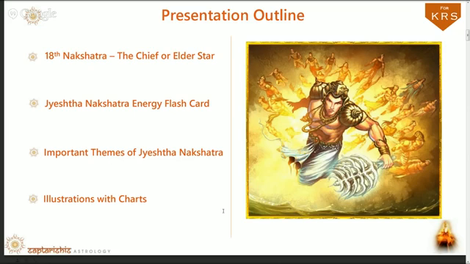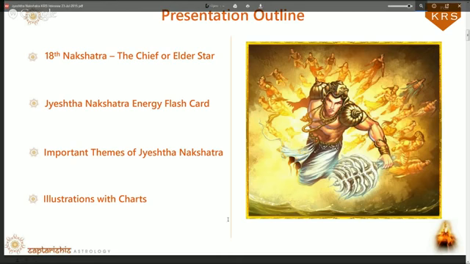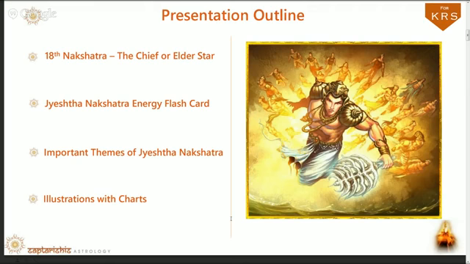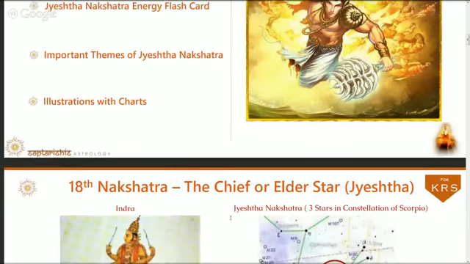We will discuss that later. The thunderbolt, the Vajra, is his celestial weapon of mass annihilation, and apparently no weapon can stand in front of it. Let's move to the next slide.